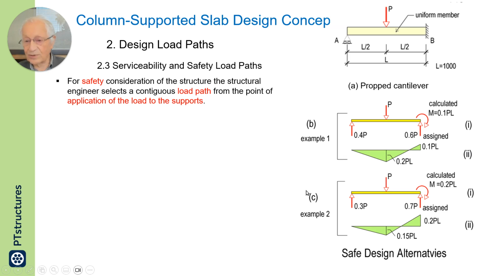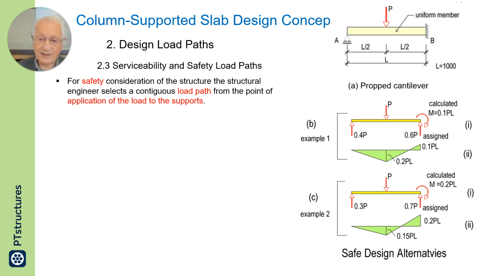So in conclusion, for the safety of the structure, there can be many different options. There is not a single load path. For serviceability, there is one. For initiation of cracking, which is serviceability, there is one.